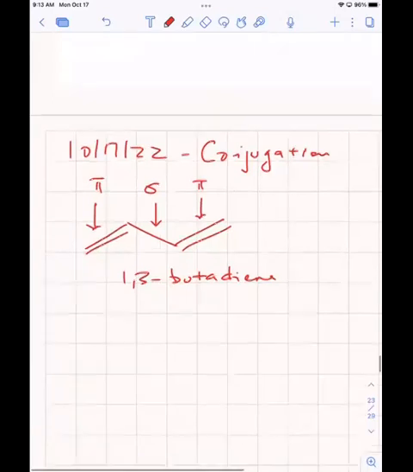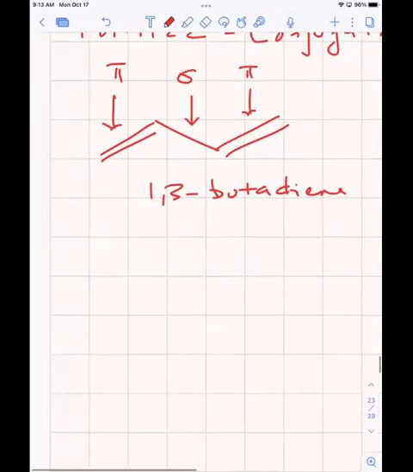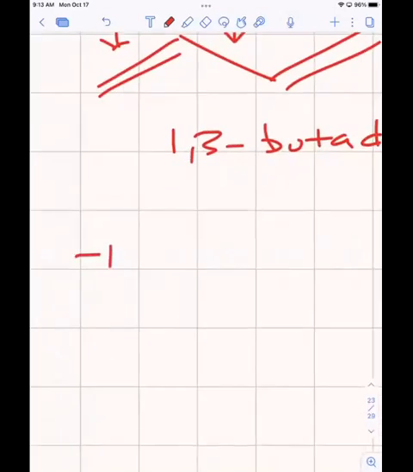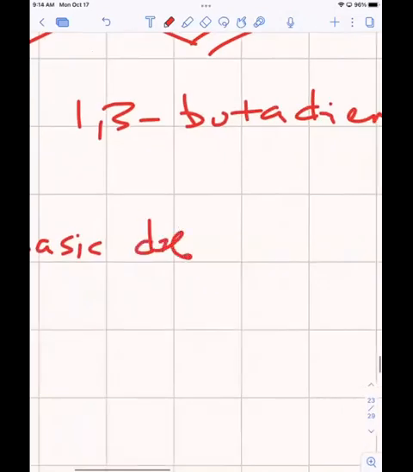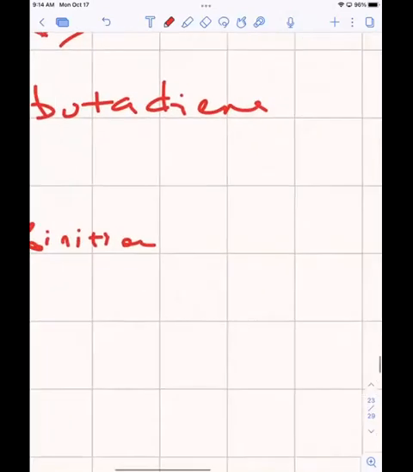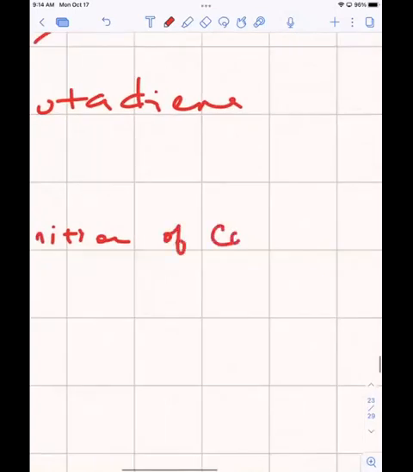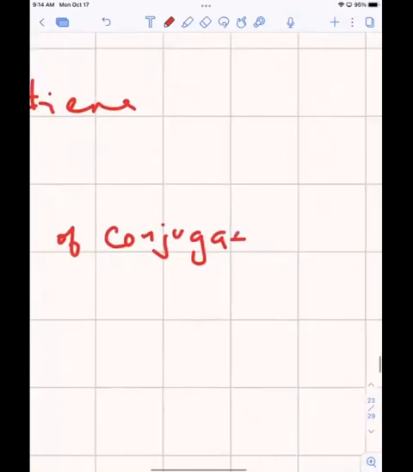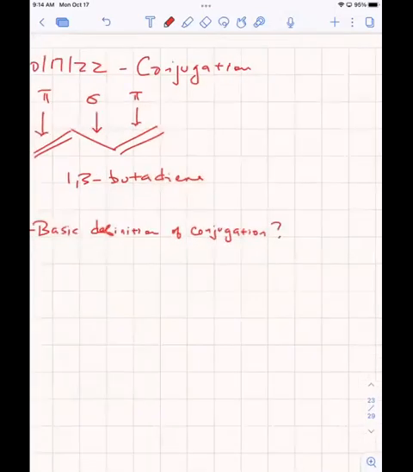What's the basic definition of conjugation? Anybody?